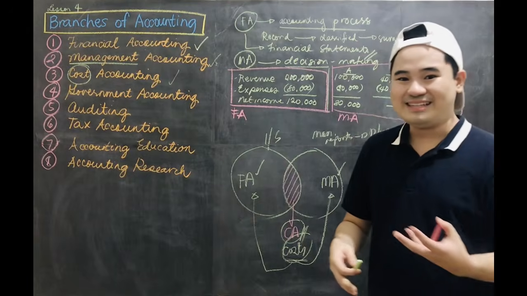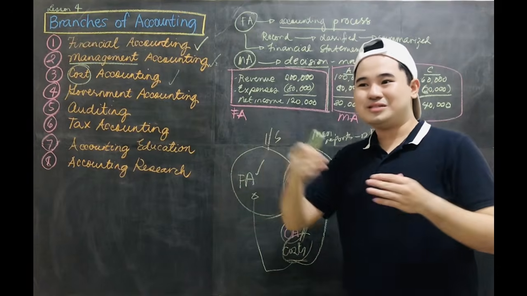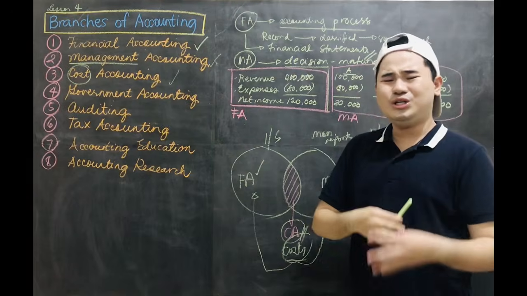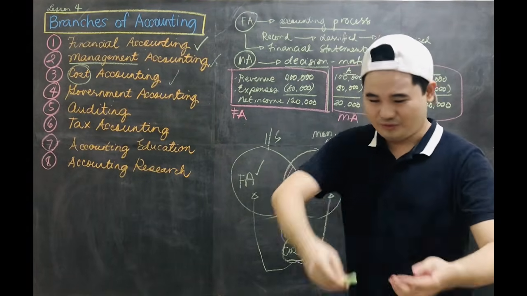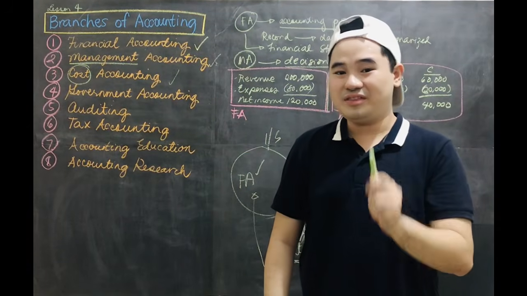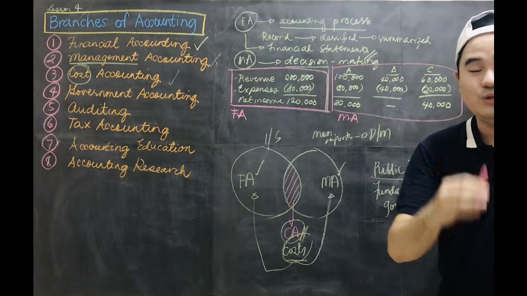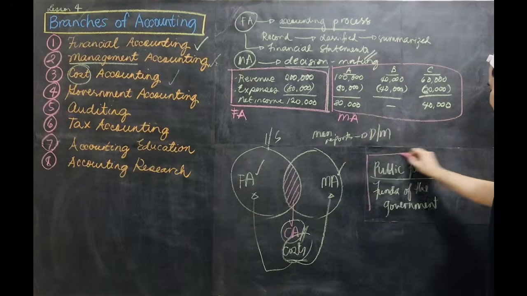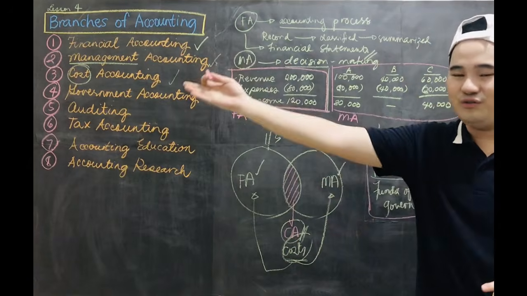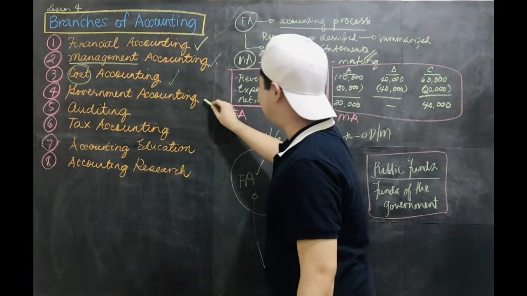And what we want is these funds will be used to build schools, build bridges, build something for the public. So, in government accounting, we actually use the same accounting process from the recording up to the preparation of financial statements. But one thing that we need to consider in government accounting is that we should be able to show to the public how these public funds or the funds of the government are being used for the public. Okay? So, that is government accounting.